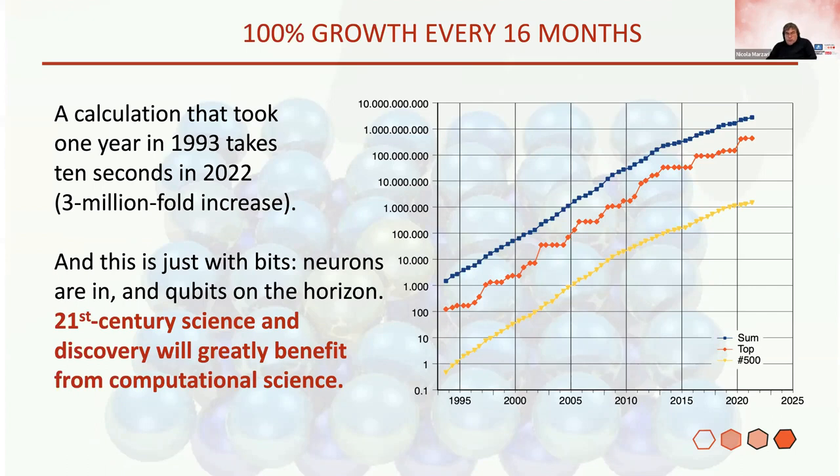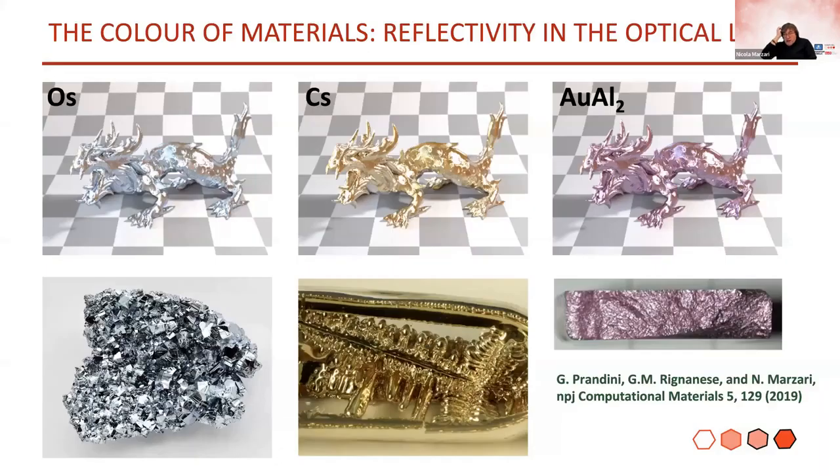And computational quantum mechanics, you all know, is very powerful. I just show you a few fun examples here of the things that you can do. This is a project that we had here on predicting the color of materials. That really means understanding the interband and intraband electronic transitions that take place when a photon impinges on a material.